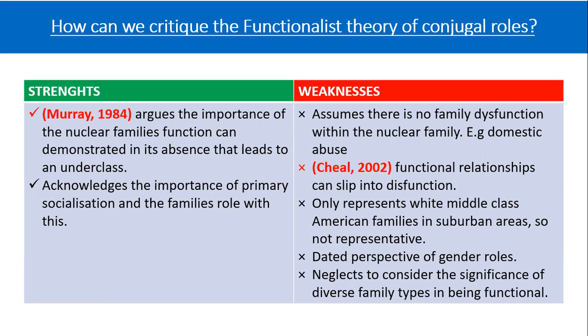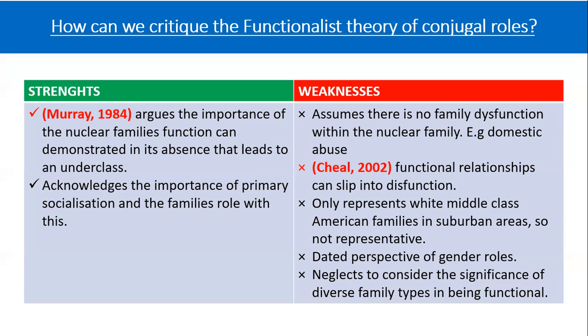Some of the issues, though: it assumes there's no family dysfunction within the nuclear family, so it neglects things like domestic violence within the nuclear family. People like Chill and Beck say that functional relationships can result in dysfunction.